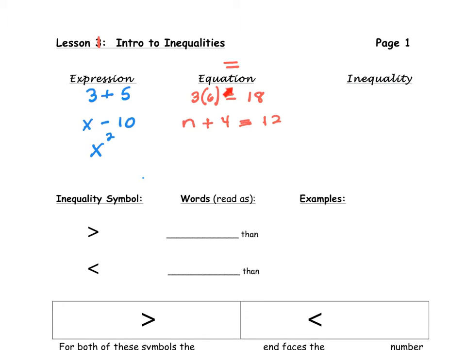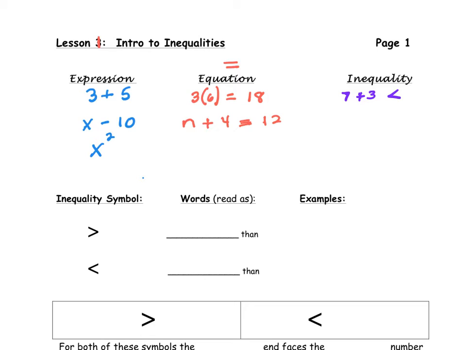Like an equation, an inequality makes a comparison between two sides. But unlike an equation, the two sides are not equal. The comparison an inequality makes is that the value of one side is greater or less than the other side. So let's give ourselves an example of an inequality using numbers. For instance, if we had 7 plus 3, and I wanted to use the less than symbol, it points to the smaller value.